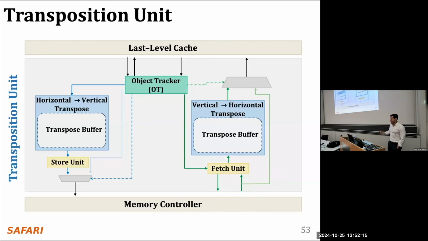So for those arrays, you register their addresses to this object tracker here. And every time that a cache line of that particular memory array is evicted to the memory chip, we transpose that cache line, but only the cache lines that are registered here. So if I'm going to do addition, A plus B equals C, you would register A and B and C, and then the data of A and B will be transposed every time.